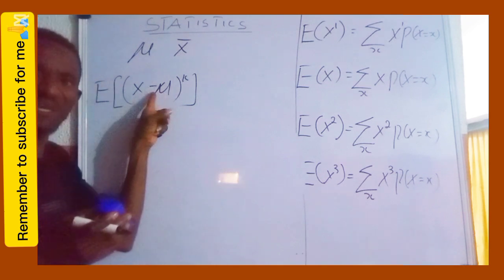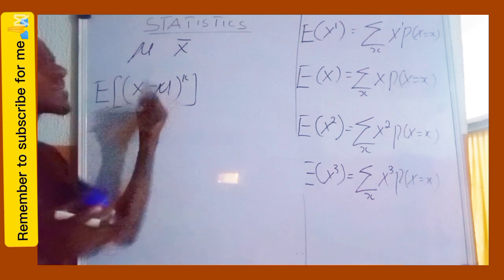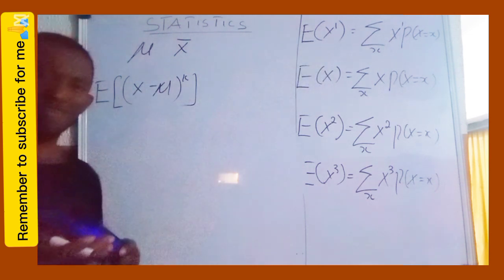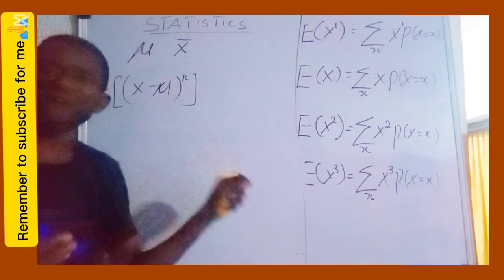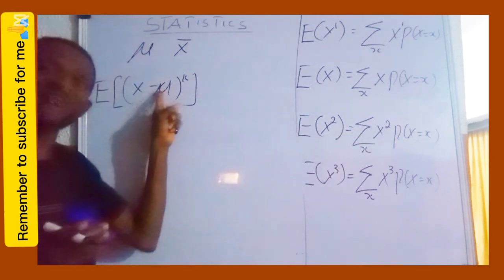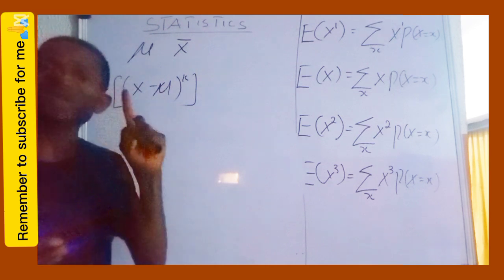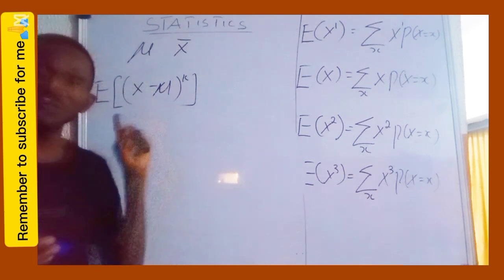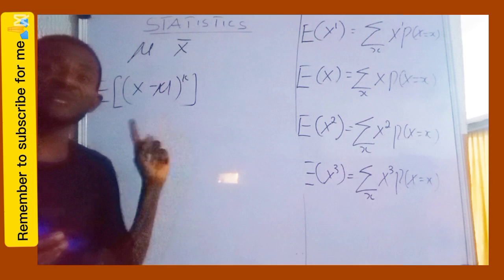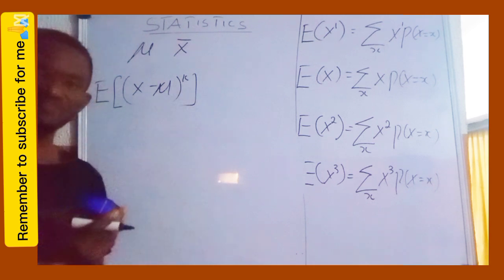This is how we denote the theoretical moment about the mean. If this mean becomes 0, this equation reduces to what we had earlier, and we should be talking about the theoretical moment about 0. The moment this mu becomes 0. But when this mu takes up any other value other than 0, we should now be talking about the theoretical moment about the mean.